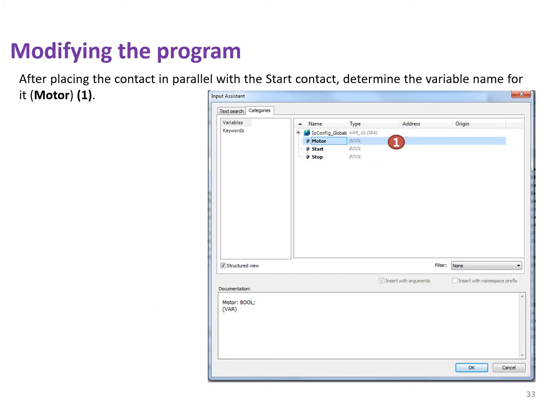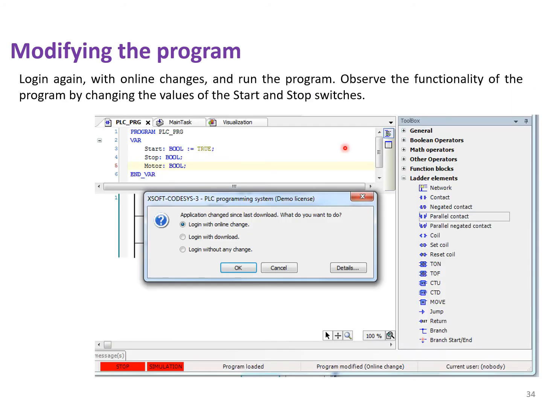After placing the contact in parallel with the start contact, determine the variable name for it. In that parallel branch, the new branch, we have a contact, and we want to associate a variable with that contact, and that will be motor. Now you could log in again and run the program and observe the functionality of the program by changing values of start and stop switch.